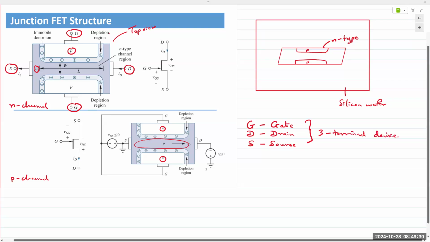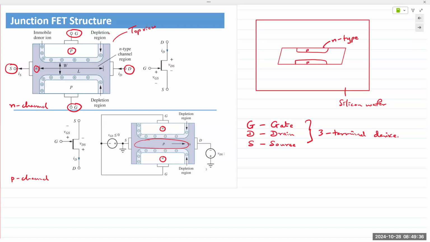Unlike the diode, the field effect was presented as early as the mid-1950s, 1954, 55. But an operational device, like an operating prototype, was not created until much later. But the principle was presented very early on.